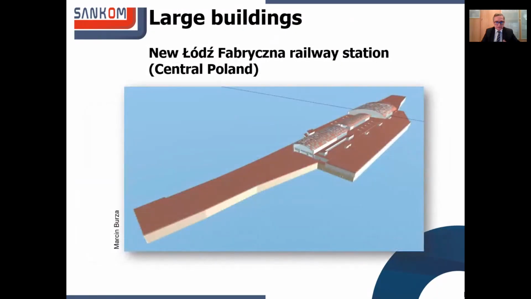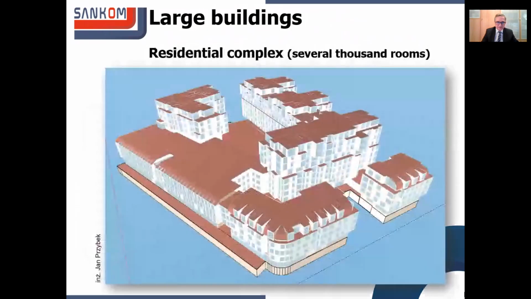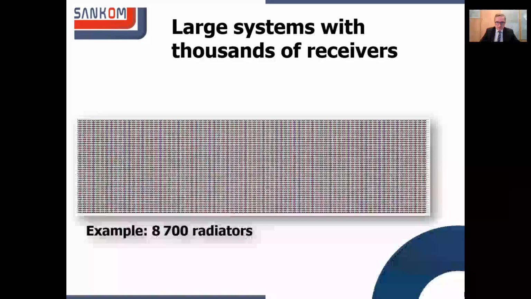And this is the model of the station in our program, and this is the picture of the real building. So most of the parts of this underground, because it's not underground in the meaning of the underground in the city, it's just this main railway system, but the station is just underground, and you can see only a little bit over it. And this is the huge residential complex.